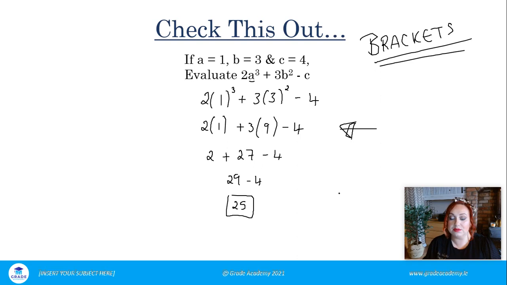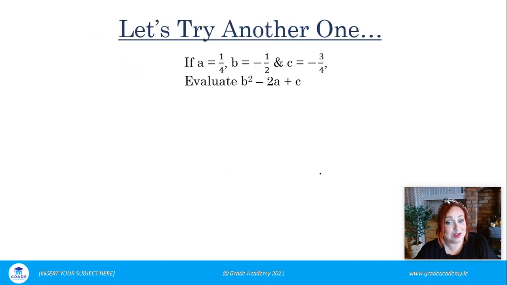So showing me that you knew exactly what to do with that 1, 3, and 4, putting them in the right place, doing the right calculation in the right order, there's a lot of merit in that. I'm saying that from an examiner's point of view. So make sure that you show me your workings and you give me a final answer, which is this one here. So that is full marks for that question.